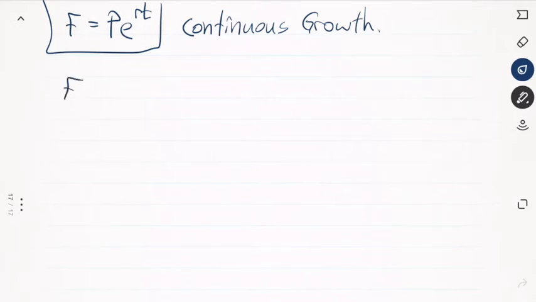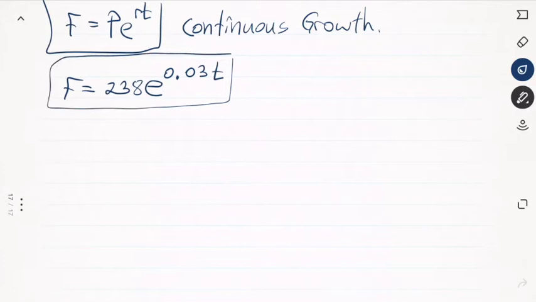For instance, if we have something like 238 e to the 0.03t. So what this would represent is if there are 238 people, let's stick with my little topic here, COVID-19, that are infected with COVID-19, then this kind of represents 3% growth rate.